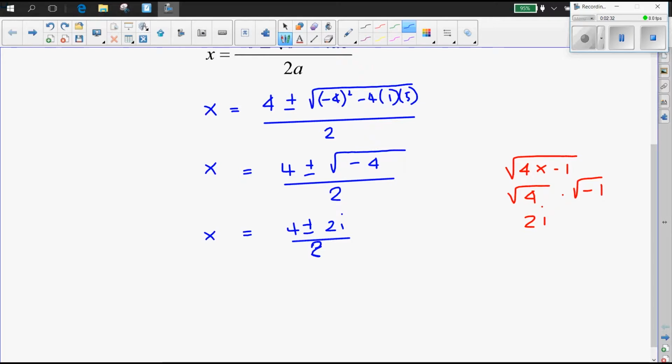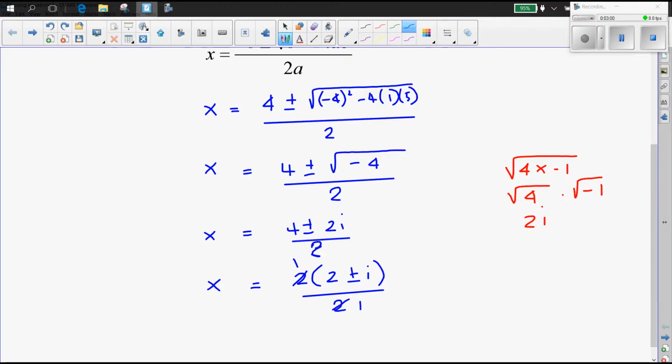I can simplify further by taking 2 as the highest common factor out in the numerator and then dividing it with the 2 in the denominator. So I have that x equals, let's factorize, 2 times 2 plus or minus i, all over 2. And dividing, we see that we have our two roots.